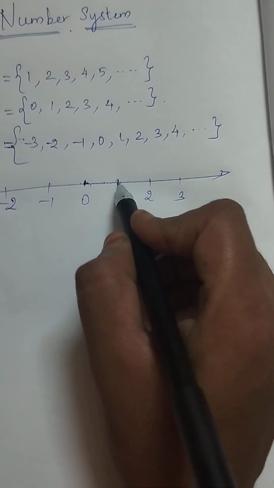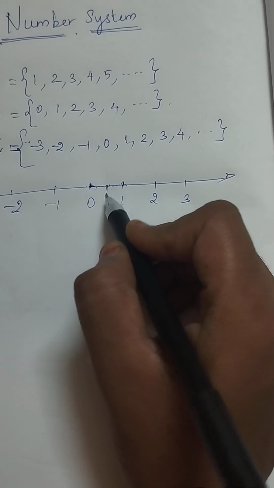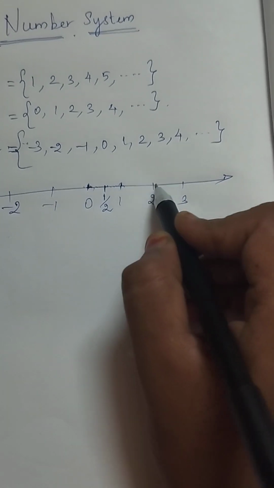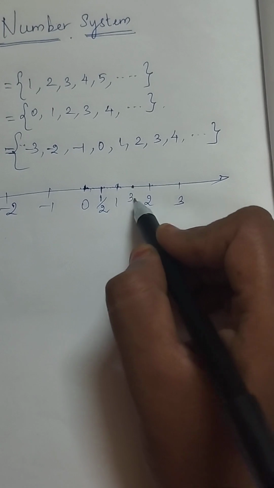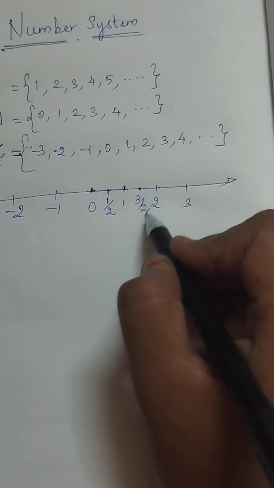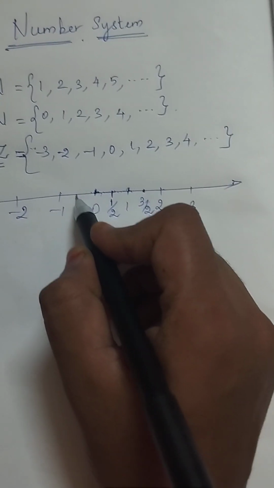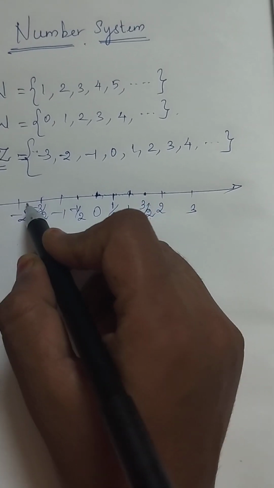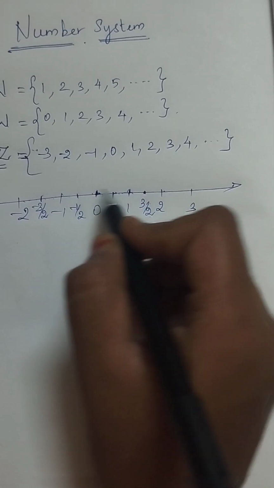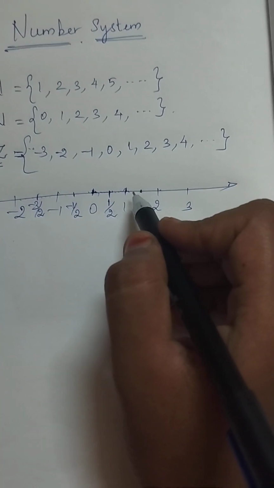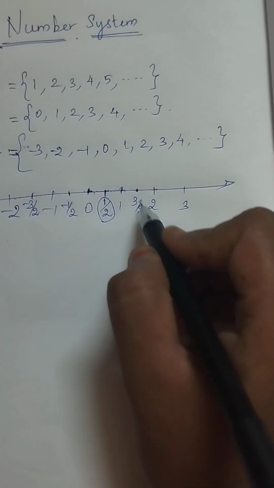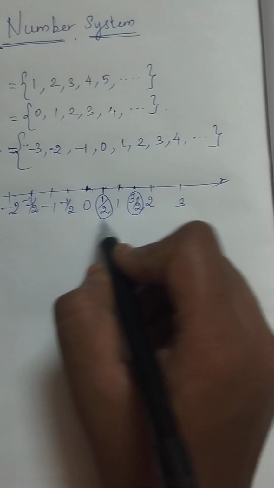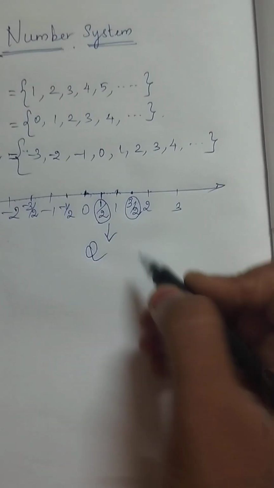For example, between 0 and 1 we have 1 by 2. Between 1 and 2 we have 3 by 2, that is 1.5, here 0.5, here -1 by 2, here -3 by 2. So there are infinite numbers that lie between two integers. So these numbers are said to be rational numbers.